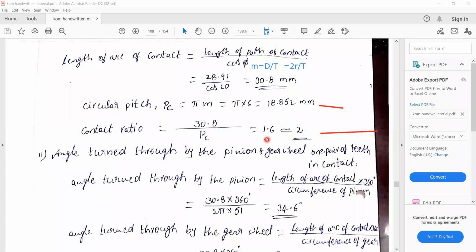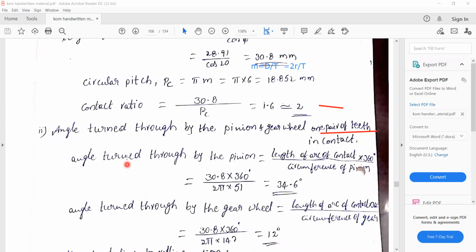But when the value comes as 1.1 or 1.2, or 1.07, whatever it may be, then simply consider the next value, that is 2. So two pairs of teeth are in contact with the particular machine. Now that is the contact ratio.